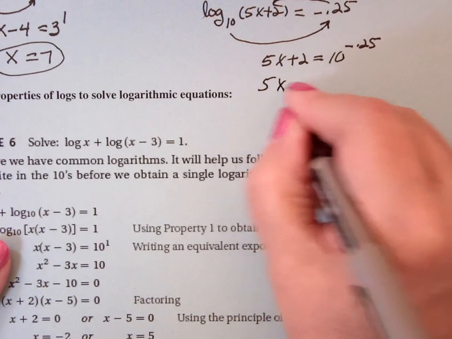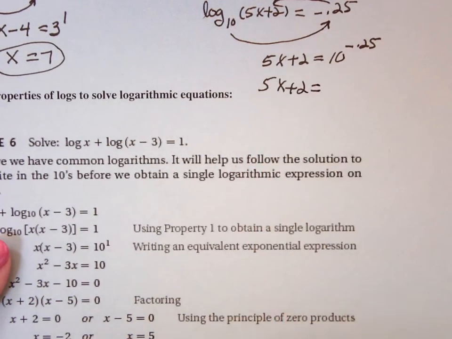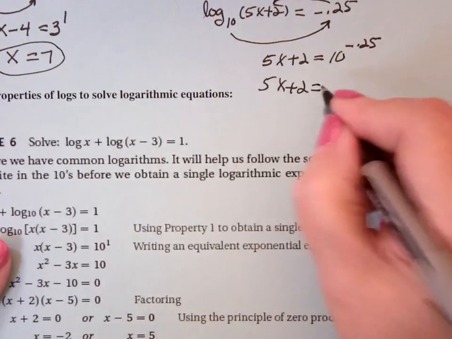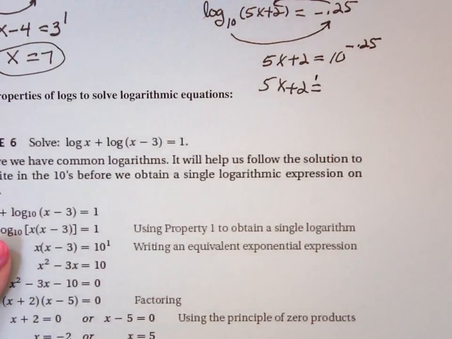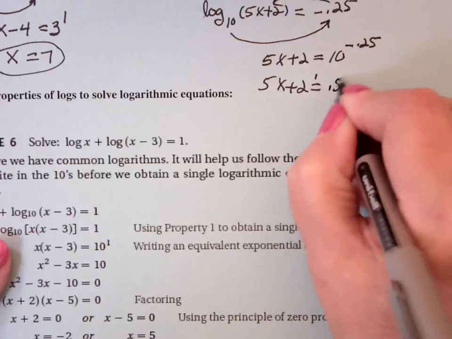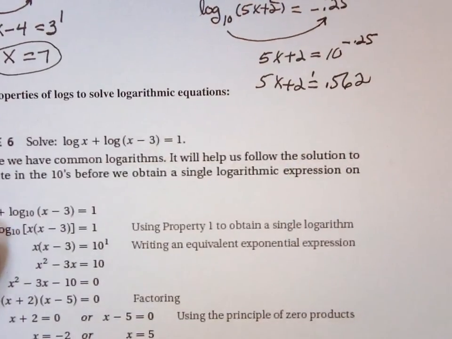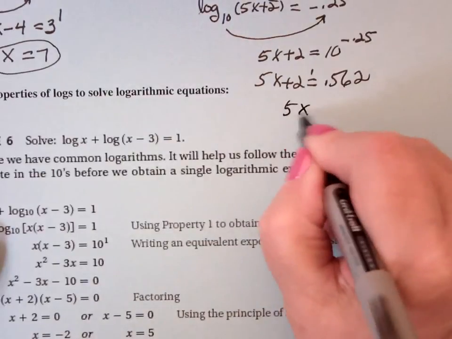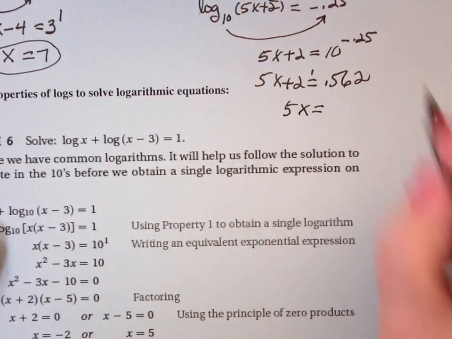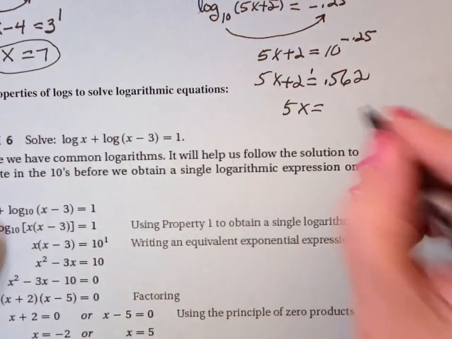So 5x plus 2 equals, actually it's approximately 0.562. Now that makes that easy to work with. So 5x equals, now I'm going to subtract 2 from both sides. So subtract 2 is going to be negative 1.438.